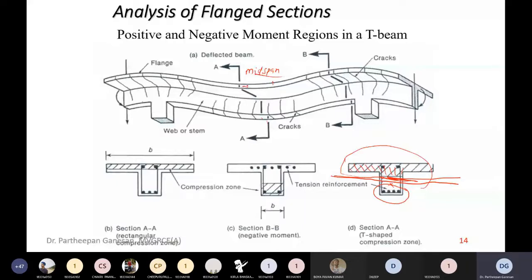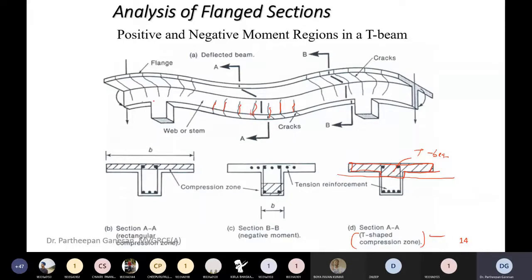We always take all the compression side concrete into account. So this will act as a T-beam, and that is why it is a T-shaped compression zone here. That is also why, in the midspan, the flexural crack forms only at the bottom, because cracks form wherever the tension is more.